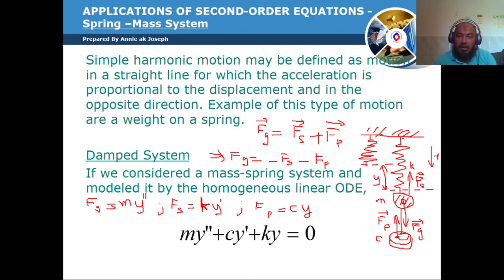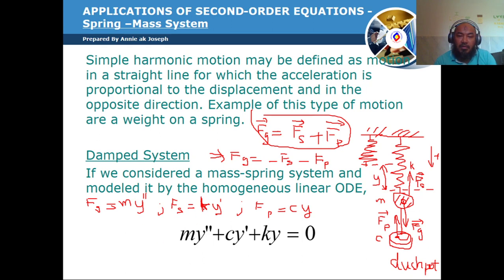Meaning that we attach the spring, and attach this dashpot, this is the dashpot representing the damper, and then we let them rest at the equilibrium stage. So we will have this equation based on Newton's law. This one will be equal to mass times the acceleration.